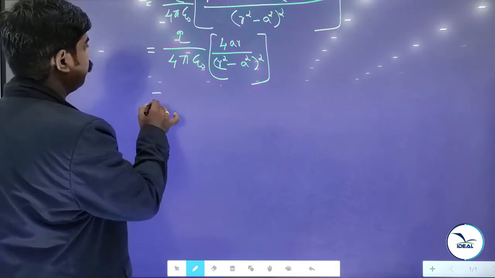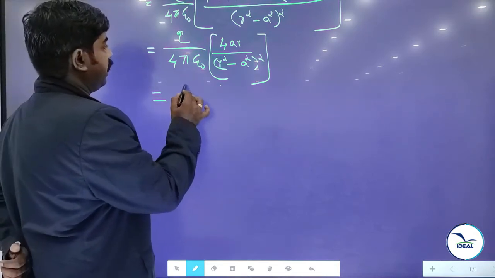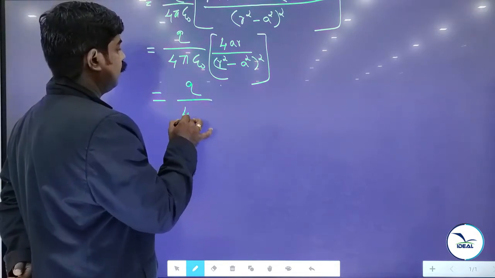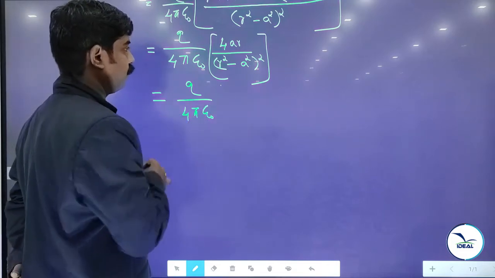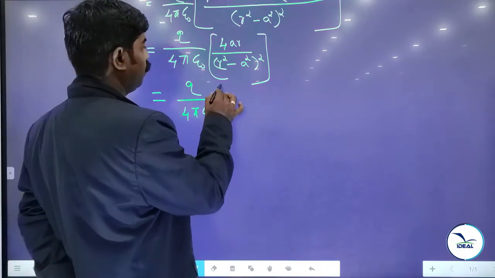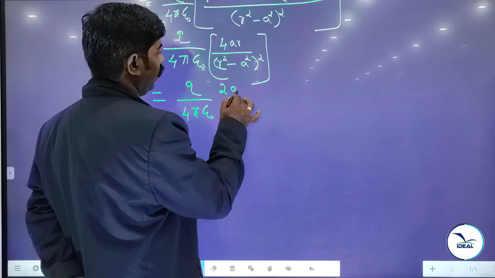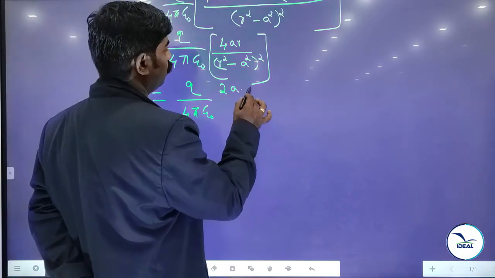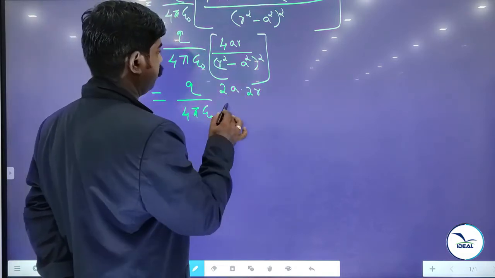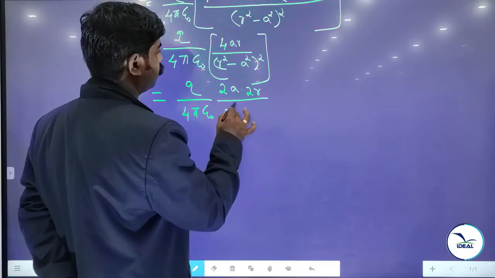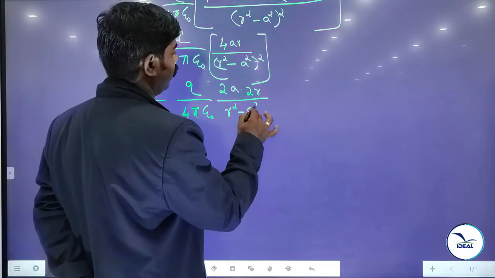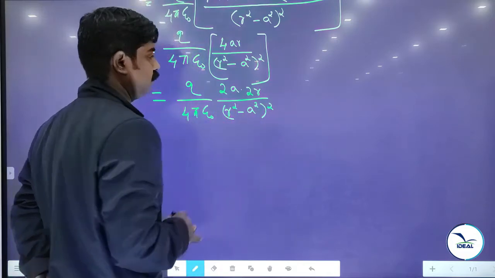Again we can write it as q by 4 pi epsilon 0 into 2a into 2r by (r square minus a square) the whole square.